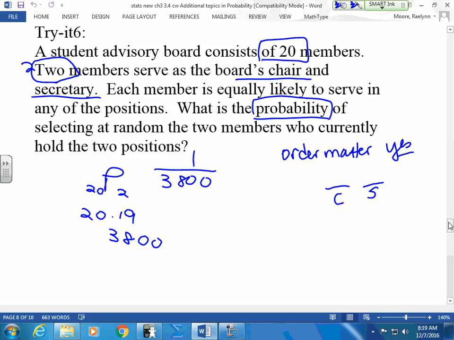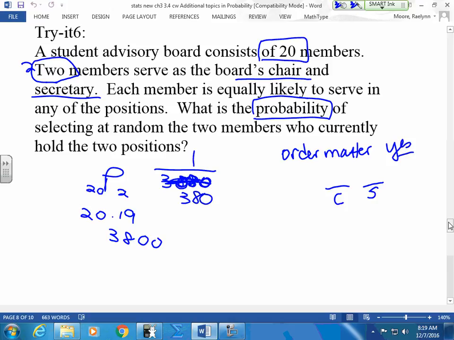No, it's 380. 20 times 20 is 400 minus 20, so 380. Thank you. So 1 over 380.